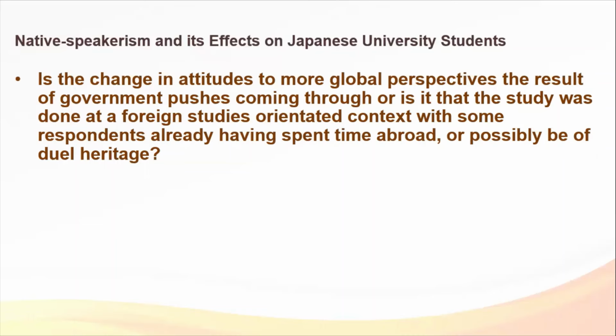We don't know that. And possibly also you could say that since the early 2000s, technology and social media has really boomed. So is it governmental pushes, or was it more just technological advancements which has changed our students', the participants', perspectives?